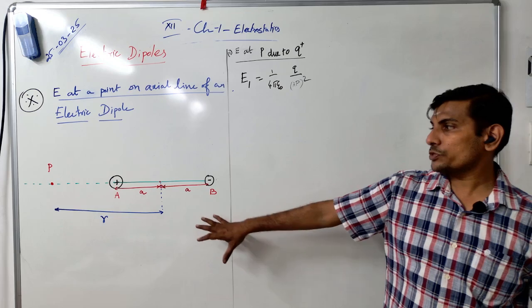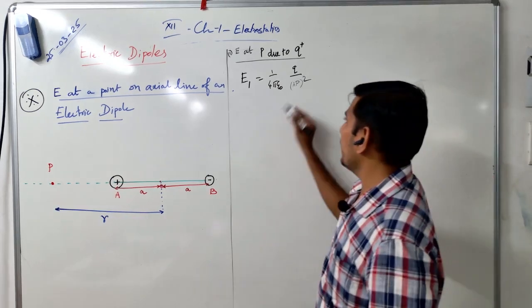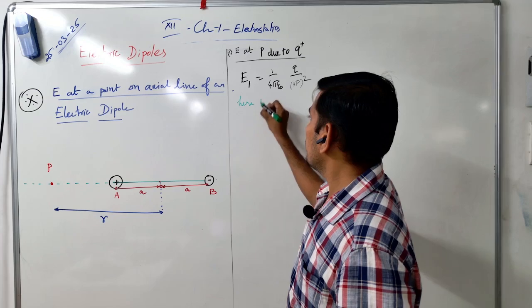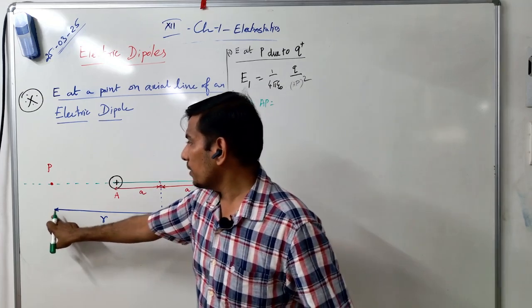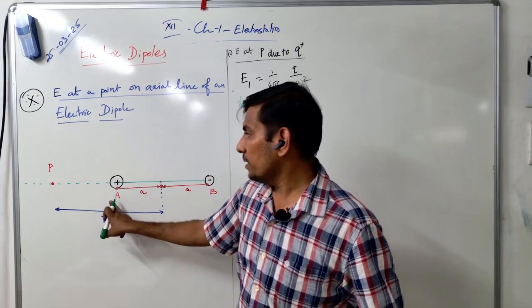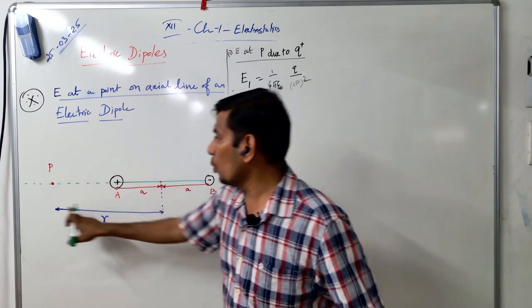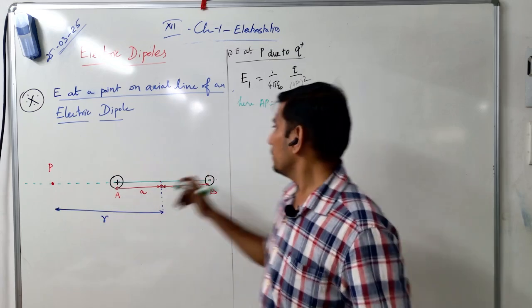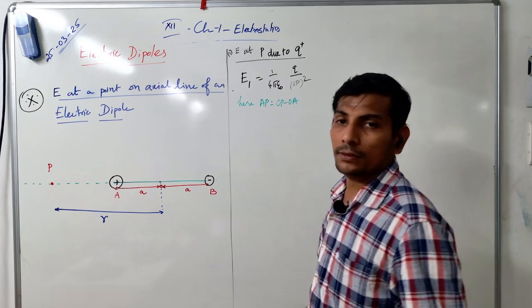All the measurements are taken with respect to the origin. So here the distance AP is nothing but the net distance R minus the distance A. Can you write AP is equal to OP minus OA?